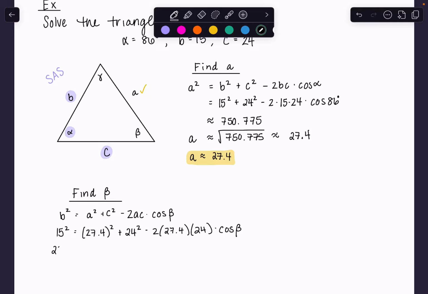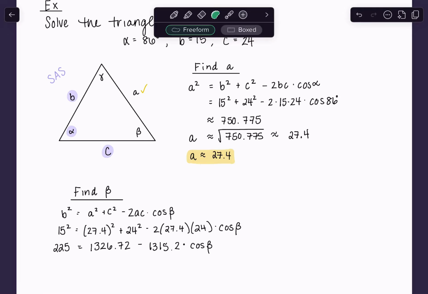So 15 squared would give us 225, and then I'm going to avoid my calculator right now, but I'll at least switch over when I have to find this. If you add those 2 things together, you should see you get 1,326.72. And then 2 times 27.4 times 24 will give you 1,315.2. And then that's times cosine of beta.